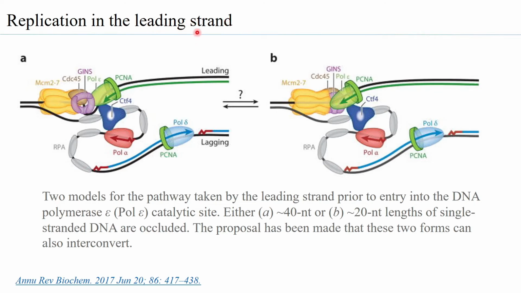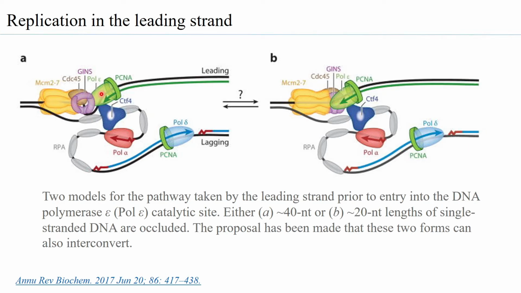Now we look at the replication in the leading strand itself, to look at the same aspect as we mentioned, where it has been suggested that the entire CMG complex is localized on the leading strand.